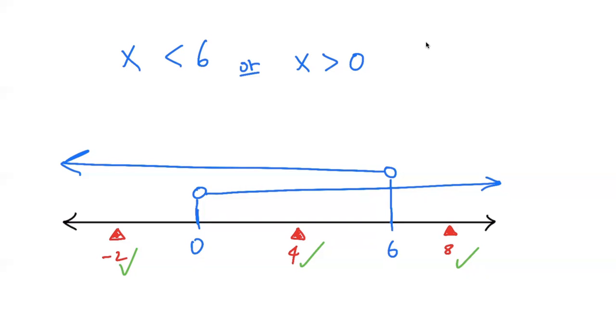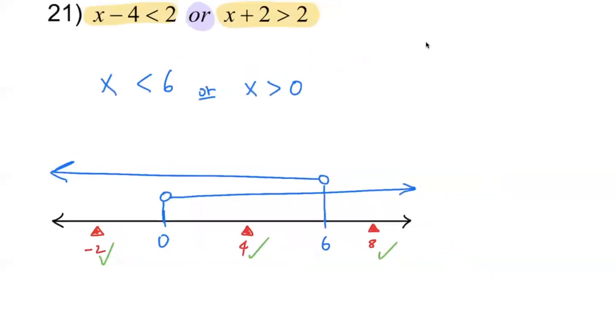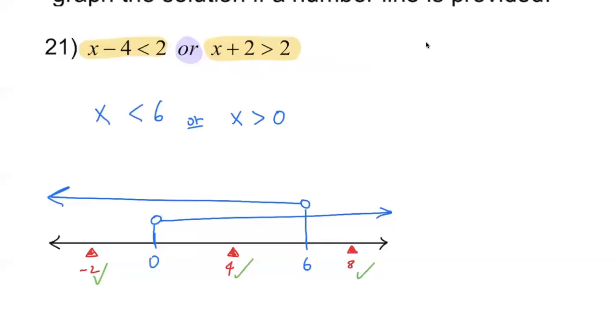So what's the solution for this one? It seems like any number will work. Can x be 6? There's an open circle right here. That's not going to be true for x less than 6, but it is greater than 0. That's good. What about 0? Can x be 0?